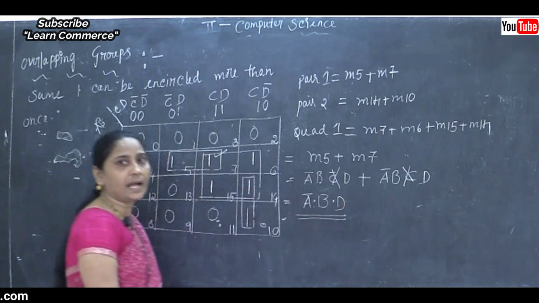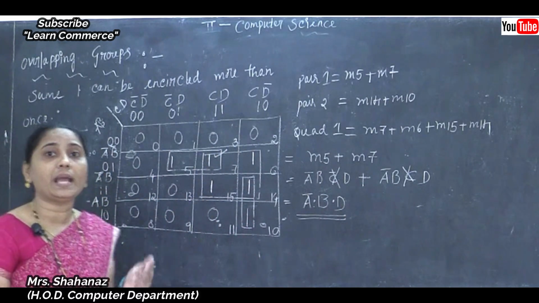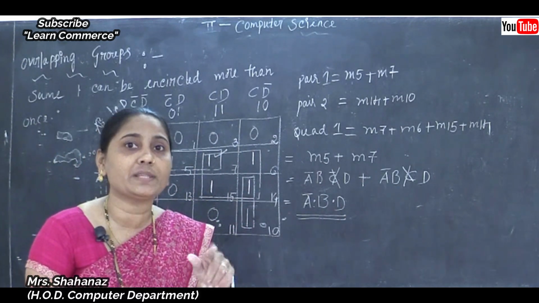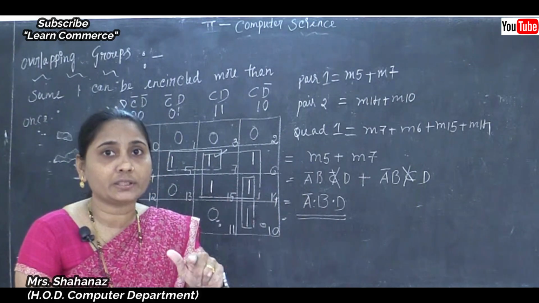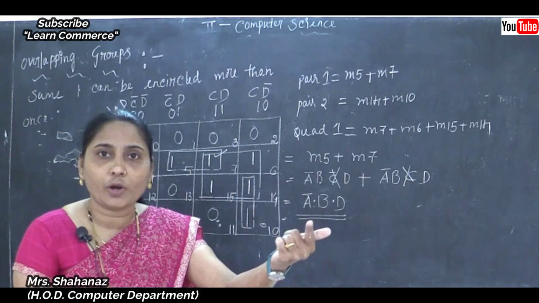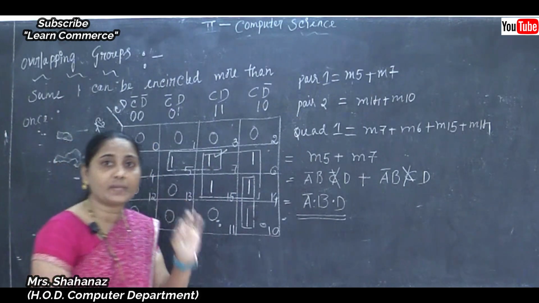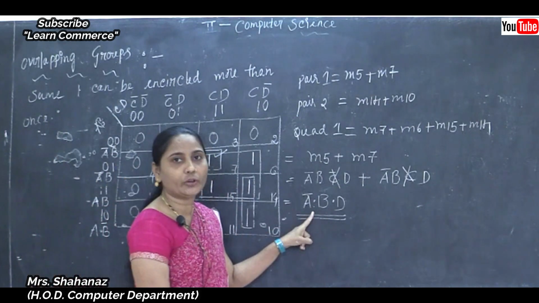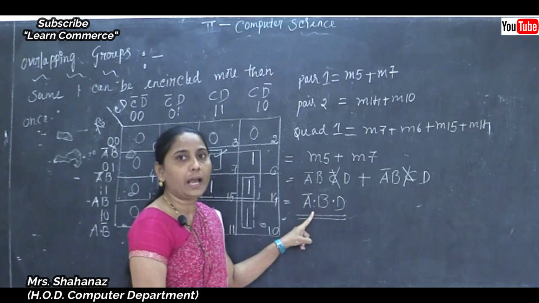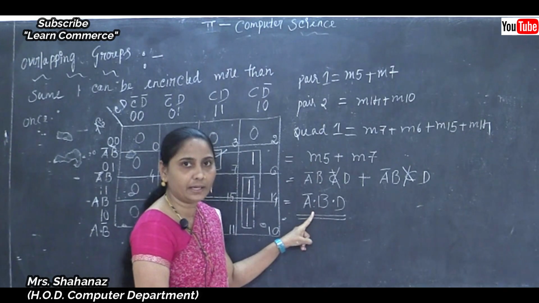Why? Because we are completing the SOP reduction form. SOP means sum of products, which is equal to the minterm. A minterm is a product of all the literals, and product means the dot here. So we read it as complement A and B and D. Clear this one?